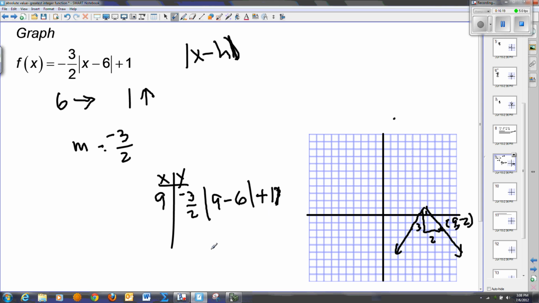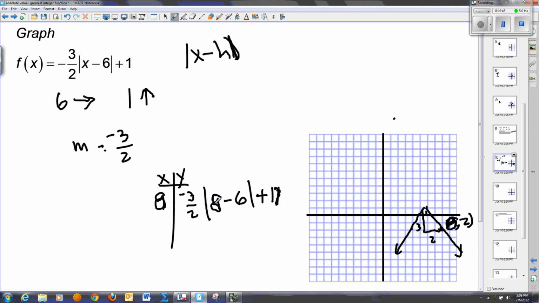So 9 minus 6 is 3. And I think I got a problem because I'm not going to get 9. I counted wrong, didn't I? It's over 2, so this is actually 8. My bad. This is 8.